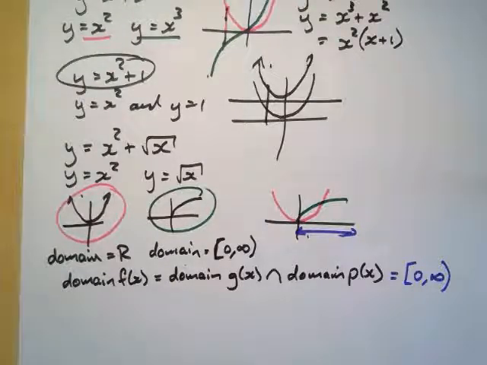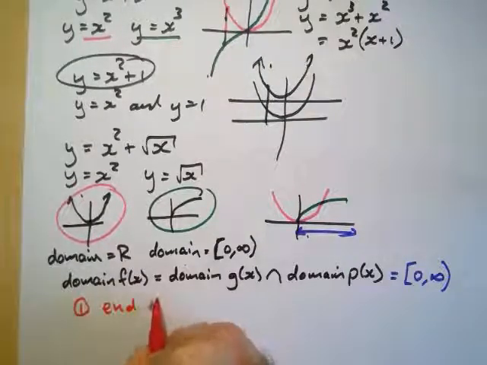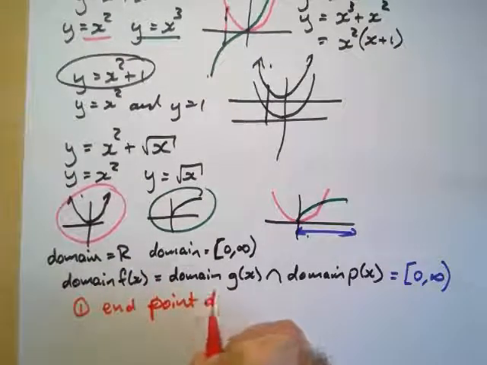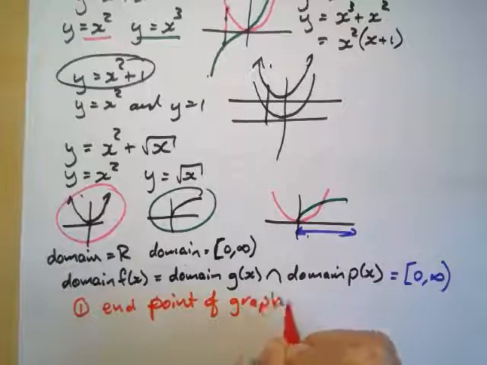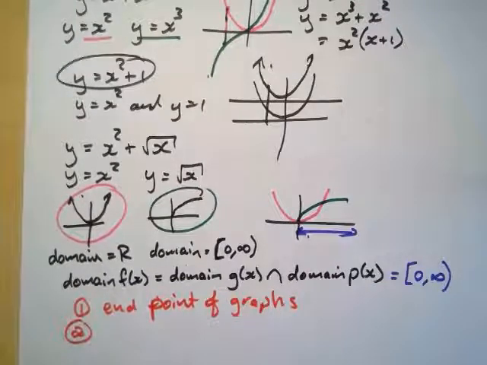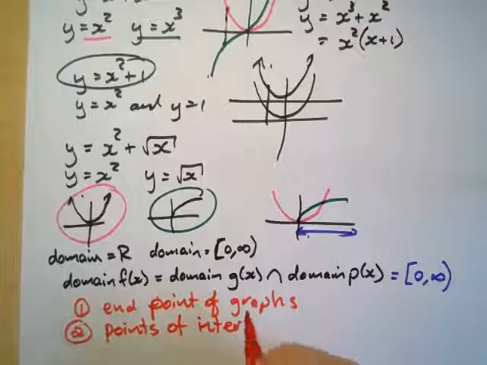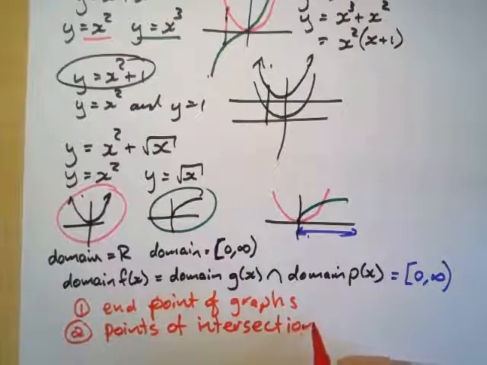I'm going to write these rules down. So when sketching by hand, this is what I'm going to look at to add my coordinates. First of all, I'm going to add the endpoints of the graphs. The second thing that I'm going to add is the points of intersection of the graphs, so where they intersect.